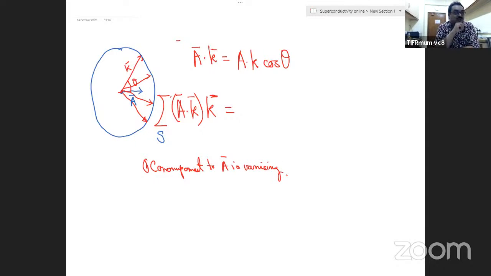All right. Therefore, the only component that is surviving is along A. And it will not be 0 because you have twice k. You have A dot k into k. So therefore, it's essentially proportional to k square.